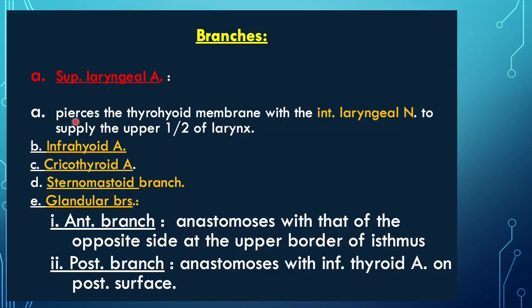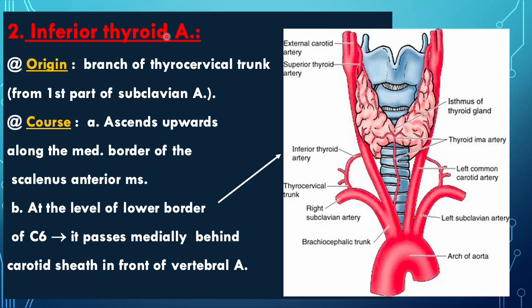As for the branches, the important one is the infrahyoid artery, because later we will take another artery called the suprahyoid artery. As well as the glandular branch, which supplies partially the lobes and partially the isthmus.